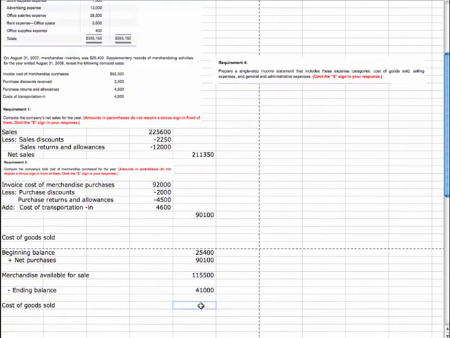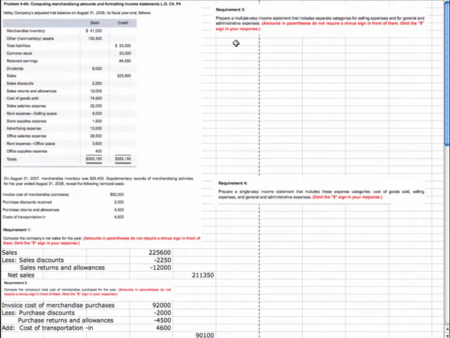So our cost of goods sold is our merchandise inventory available for sale minus our ending balance. So our cost of goods sold is $74,500. Okay, because we're going to need that number when we do our multi-step income statement.